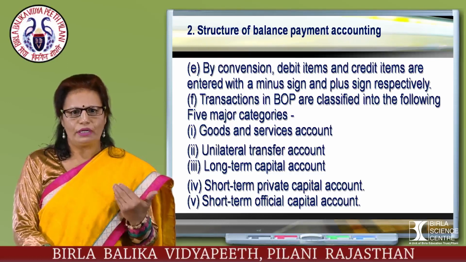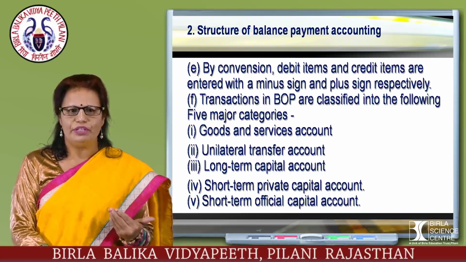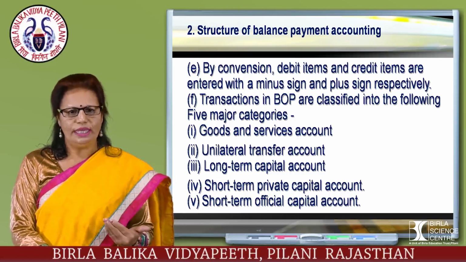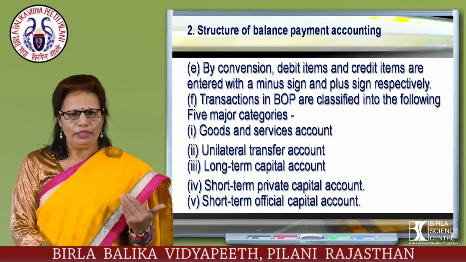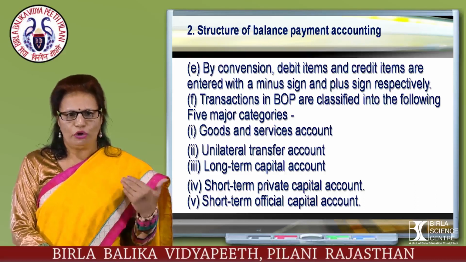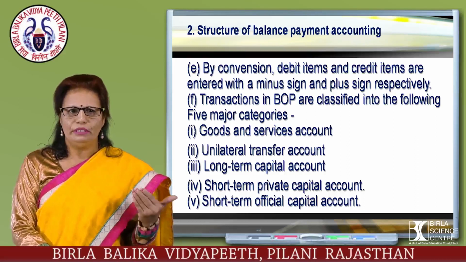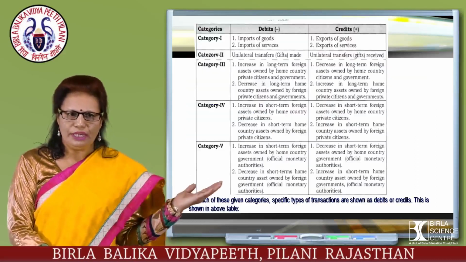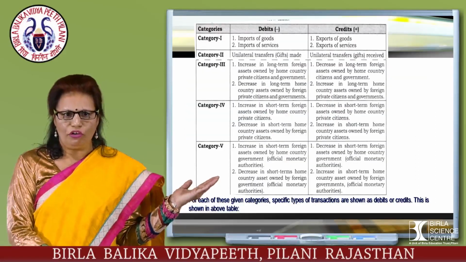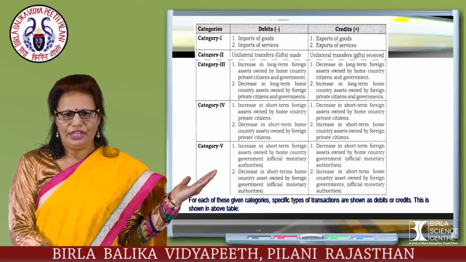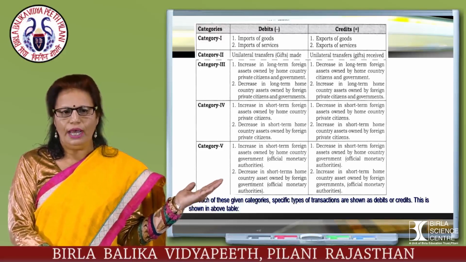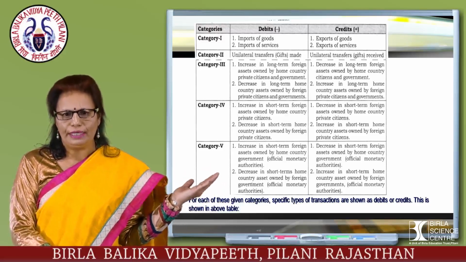Transactions in BOP are classified into the following 5 major categories: goods and services account, unilateral transfer account, long-term capital account, short-term private capital account, short-term official capital account. As you can see in the chart, the different categories are specified and transactions are shown as debits or credits.